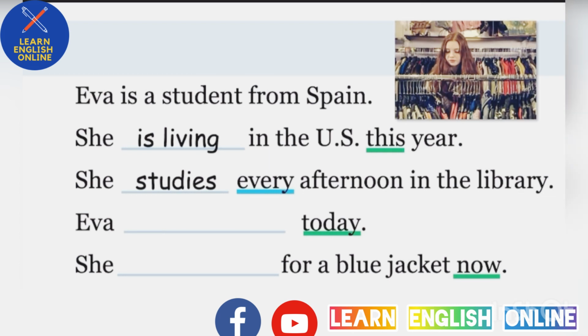Every tells me it happens this afternoon, tomorrow afternoon, the next afternoon. That means it needs to be in the simple present. Ava is shopping today. Today tells me present progressive, now. And she is looking for a blue jacket now. Well, now is happening now.